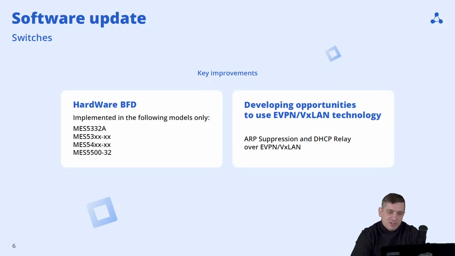Also, we developed some opportunities within EVPN and VXLAN technology. We added a DHCP relay over EVPN VXLAN feature. Furthermore, all our switches for aggregation and data or core switches will be supplied with these essential options.